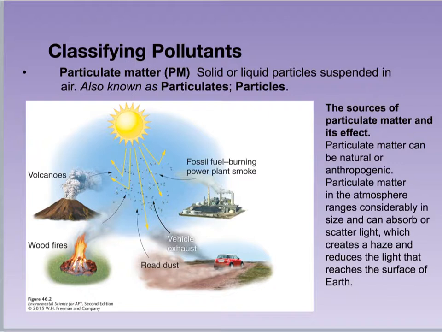So diesel-powered vehicles give off more particulate matter in the form of black smoke than do gasoline-powered vehicles. So particulate matter can also come from road dust, like rock crushing operations. It can also come from volcanoes and forest fires and dust storms, which are important natural sources of particulate matter.